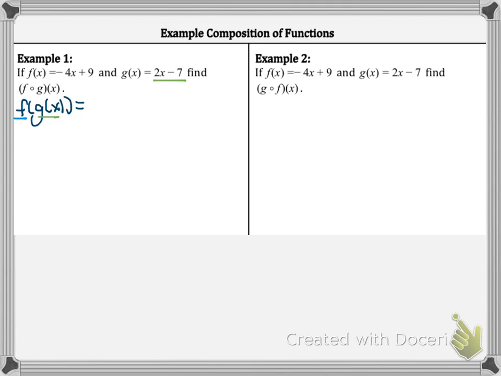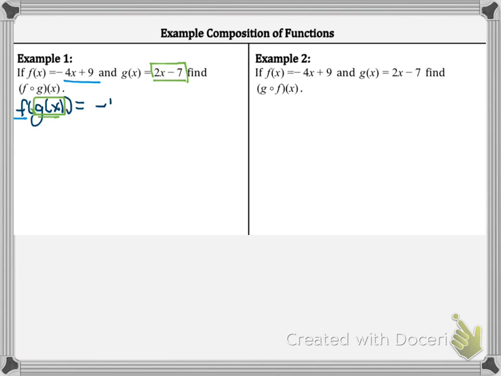Just think of this g(x) maybe as a box. So f, and then we're plugging in this rectangle into where we see our x values. So let's just try it.